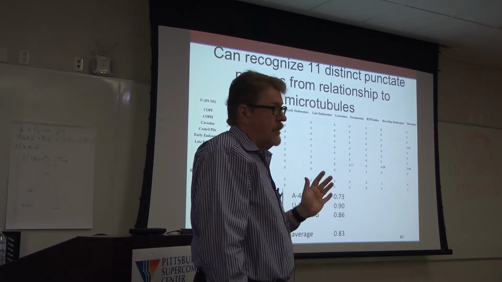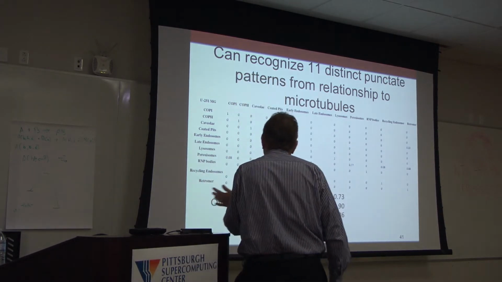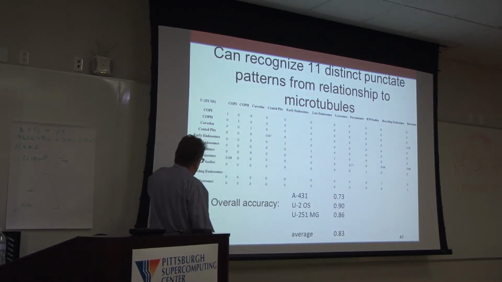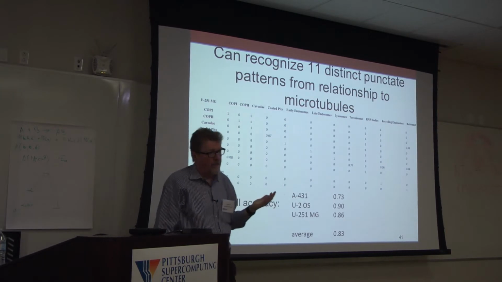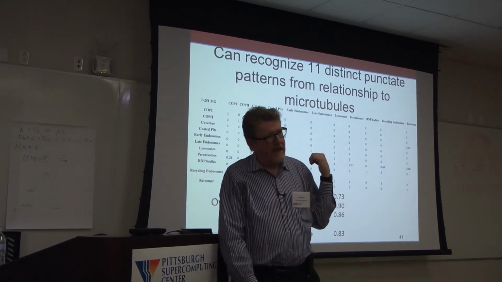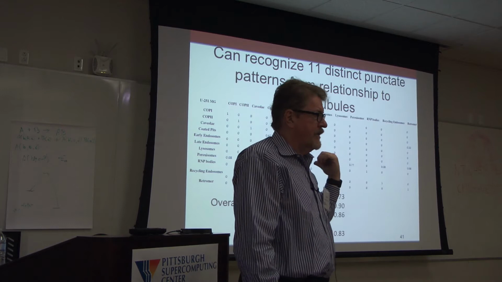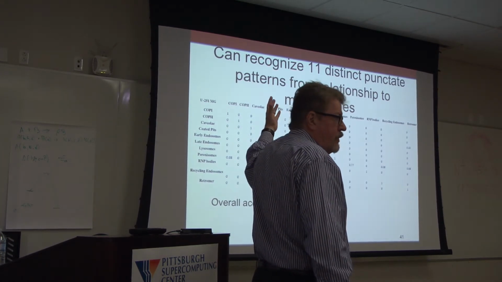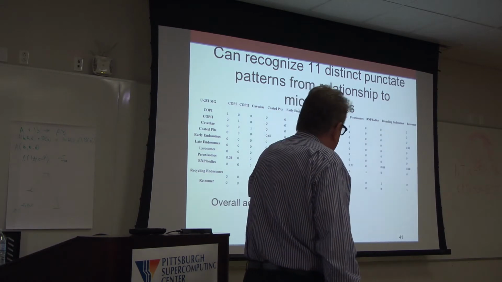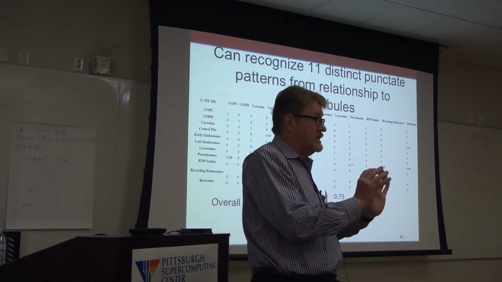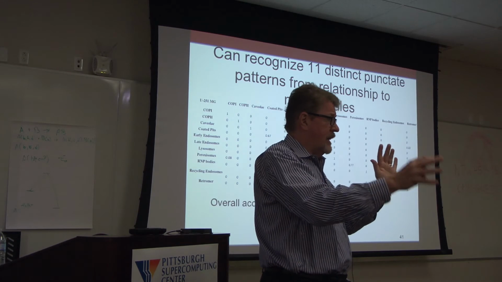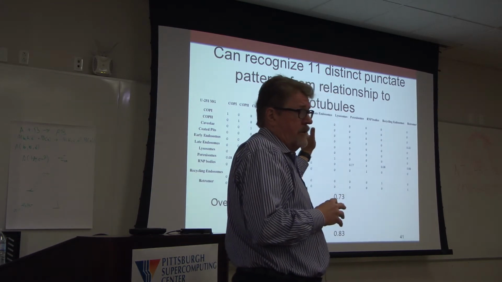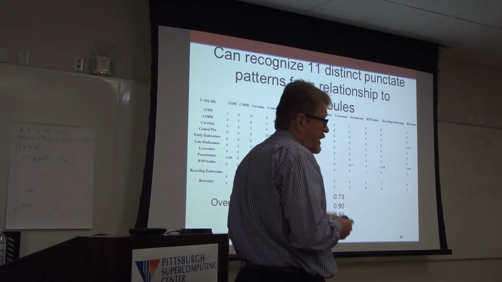And by the way, we learned things like RNP bodies that are not actually organelles. They have been classified by the Human Protein Atlas as vesicles, but they're not. So the point is the models are capturing, just from the relationship to the cell boundary and the microtubules, this difference between different organelles.